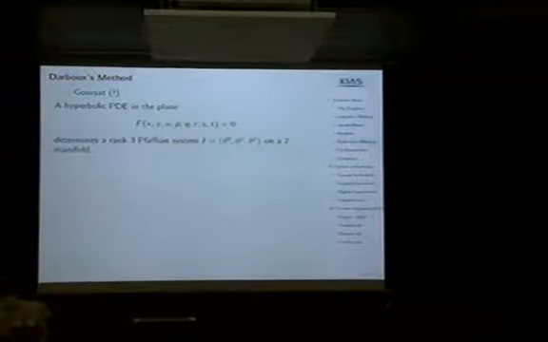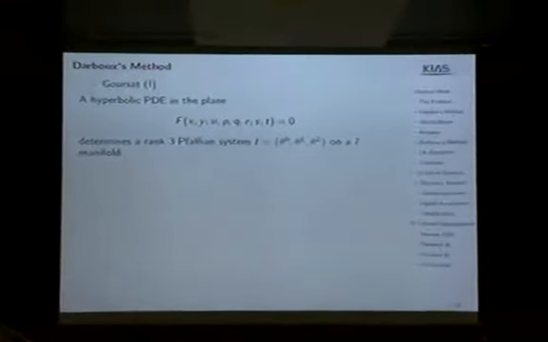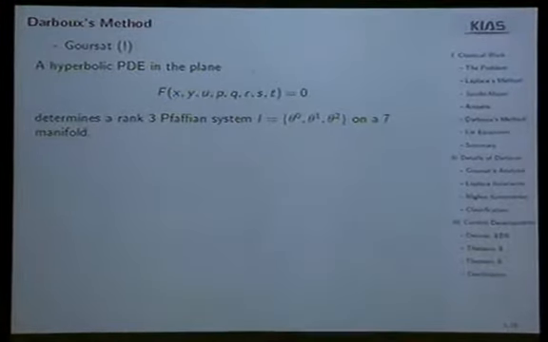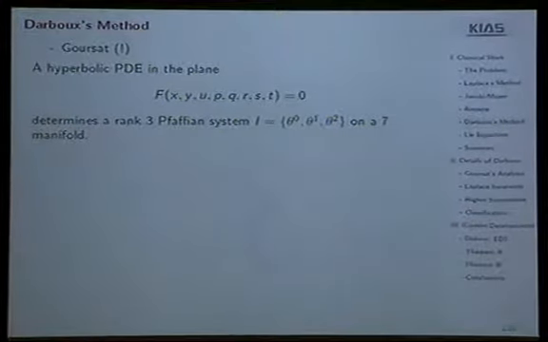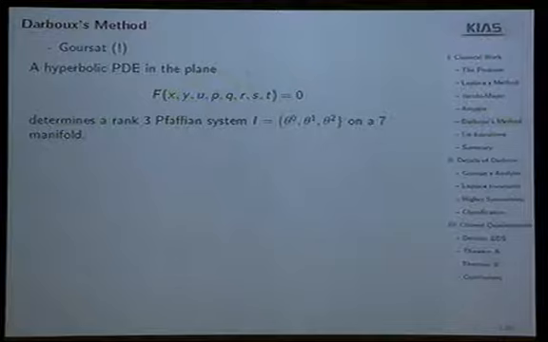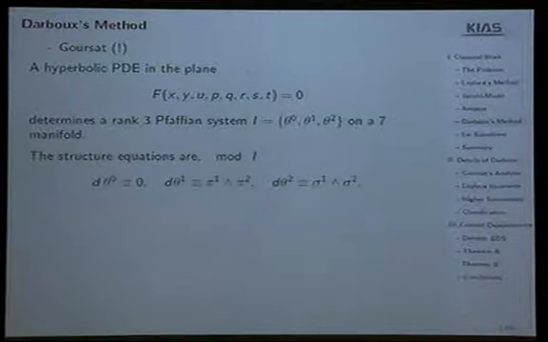And then we'll say, okay, we've reduced the integration of this partial differential equation to the integration of ODEs. Geometrically, a hyperbolic partial differential equation in the plane defines a rank 3 Pfaffian system, a system defined by 3 one-forms on a 7-manifold. I've got 8 variables here with 1 constraint, so I'm on a 7-manifold. And the structure equations for any parabolic PDE can be made to look like this.